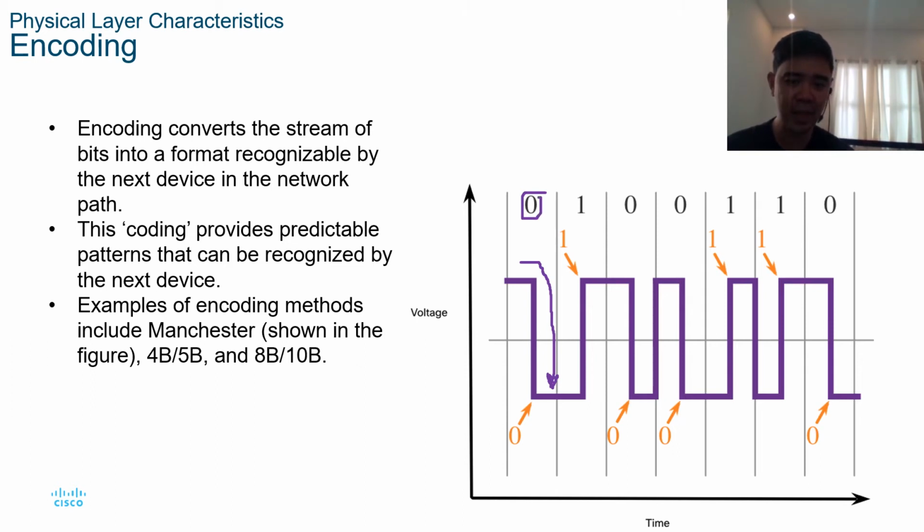And if there is a rising voltage, an increase in the signal from low to high, it will be interpreted as a 1. So in this discussion, it is very important that you are well aware of the term encoding. Different encoding techniques are beyond our scope. They are usually discussed in detail for students who are taking electronics engineering courses.